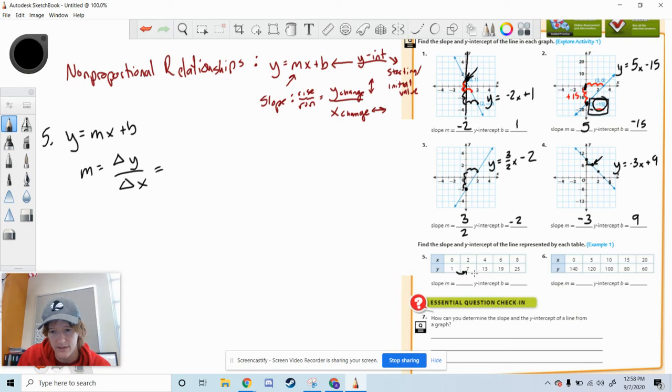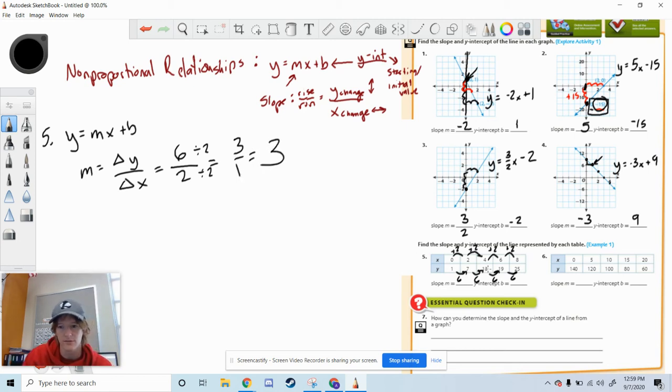Y goes plus 6, plus 6, plus 6, plus 6, plus 6. So change in y is we're adding 6 every time. Change in x is plus 2, plus 2, plus 2, plus 2. Okay, so change in x is 2. So our slope is 6 over 2. Simplifies, we can divide by 2, divide by 2, and we get 3 over 1 equals 3.